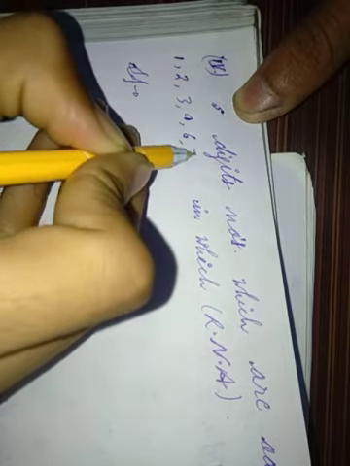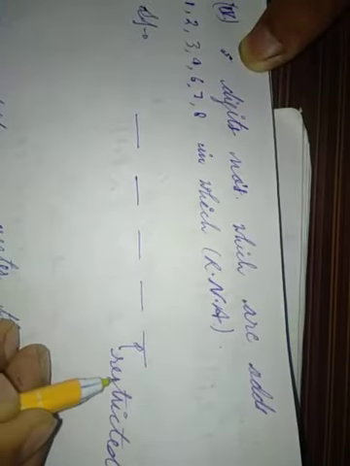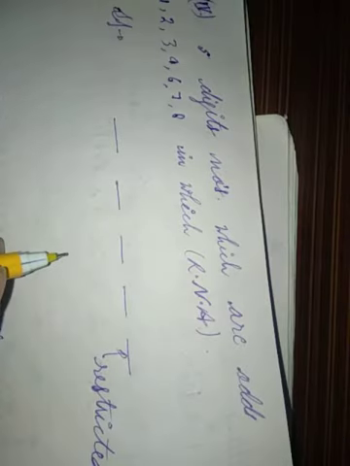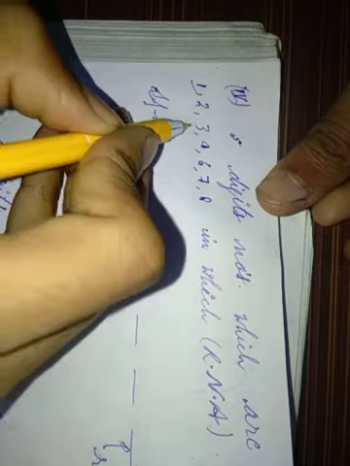Now, five-digit numbers which are odd, with numbers 1, 2, 3, 4, 6, 7, 8. Make 5 boxes. Here also the last box is restricted, because we have to find odd numbers, and in the given numbers the odd digits are 1, 3 and 7.